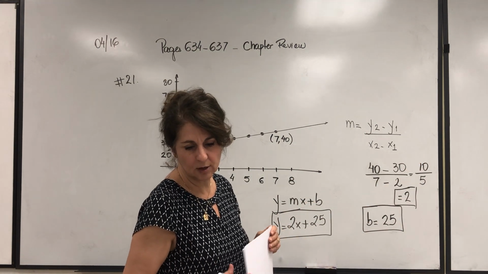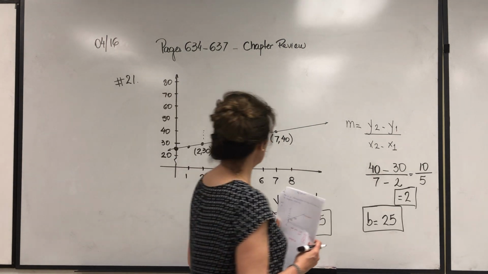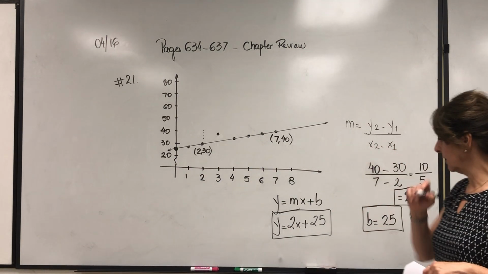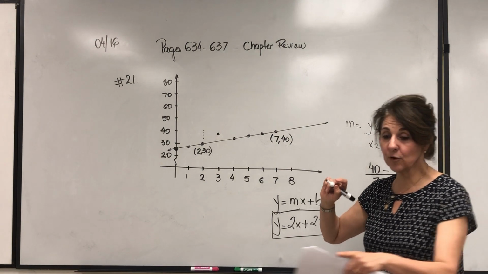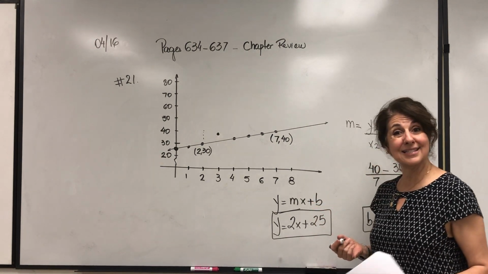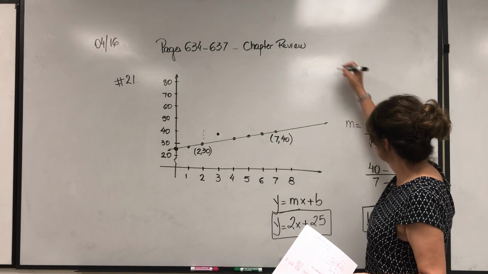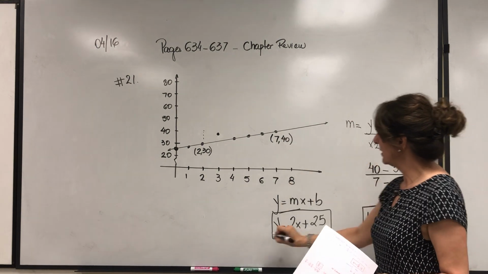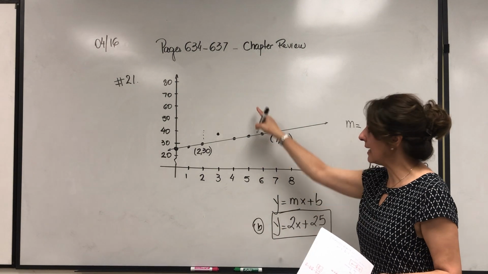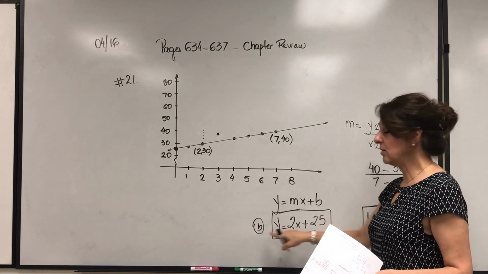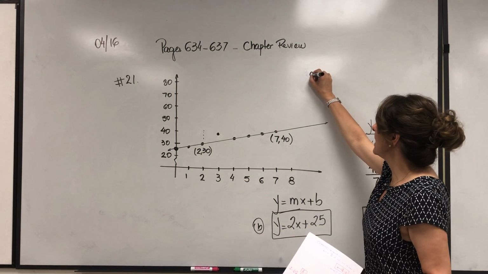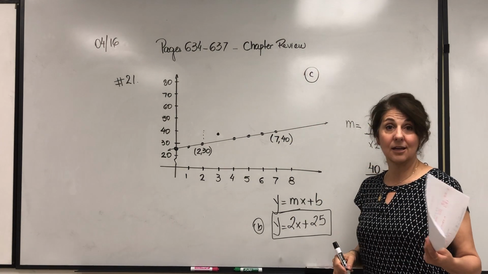So this time we're going to use the equation. They're asking for game number 12, so that is X. So letter C. A was drawing the graph, B was finding the equation, and C is going to be the conjecture.